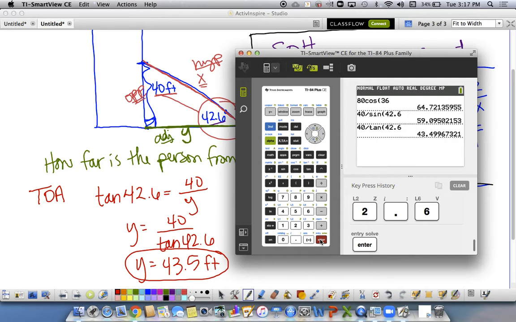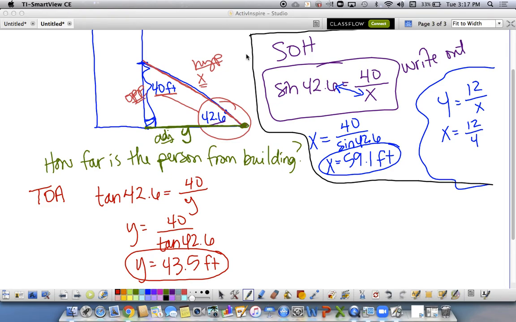We have just used trigonometry. Okay? Let's talk about if we're given an angle of depression. So that was both kind of elevation.